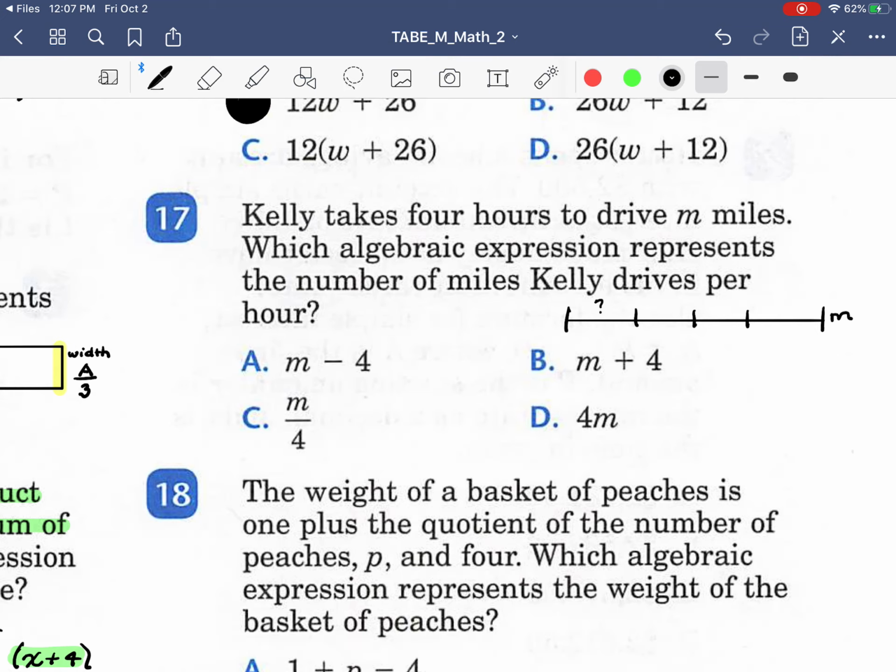So we're looking for each of these increments. They would be the same if she kept the same speed. M divided 4 ways is what I'm looking for here. We know the total is M, and we know how long it took her to drive M. So this one is a division problem.